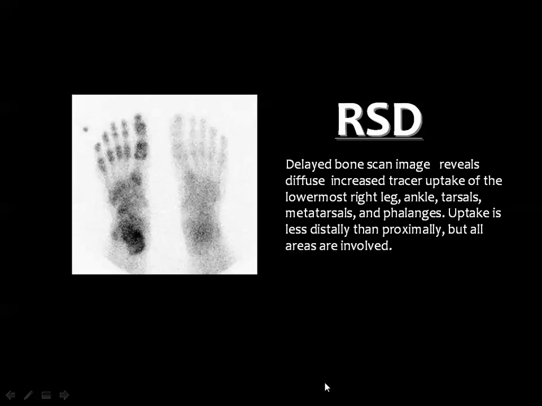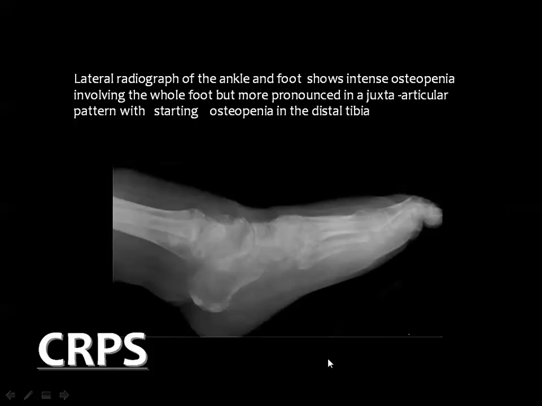Then this is once more the appearance of reflex sympathetic dystrophy in the foot with a significant increase in uptake around all the joints, the metacarpophalangeal, interphalangeal, intercarpal, and so on.